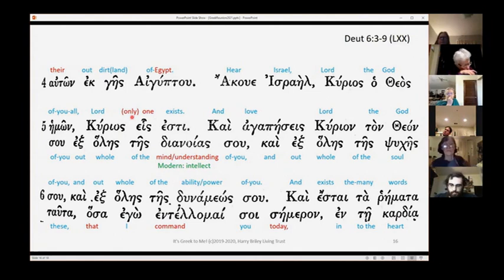Heis carries with it the implication of only. So it's like there's only one exists, but what was the other translation you used, Tony? Say it again, please. The Lord is one. That would work. Ours said something like the Lord, your God, the Lord alone.